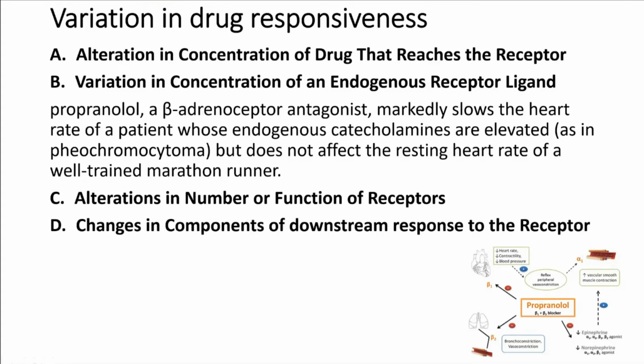But for a marathon runner, someone who's well trained, their expression of catecholamines is lower because their natural resting heart rate is lower. It's not going to affect them that much because their heart rate's already lower. So propranolol is a beta receptor antagonist.